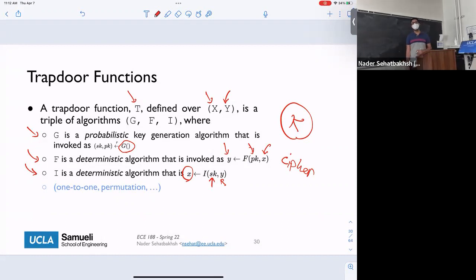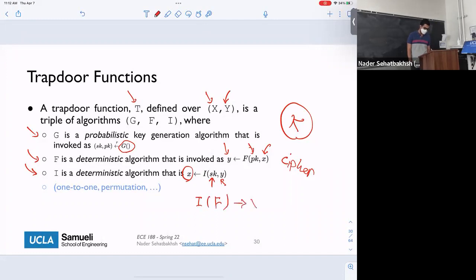Otherwise, you don't get the correctness requirement. So if you do I of f, then you should get your x, right? So if you encrypt and then decrypt, or if you send x with the public key to f, get the results out of that, and then send it to I with the secret key, you should get your x back. Otherwise, your encryption mechanism won't work, right?